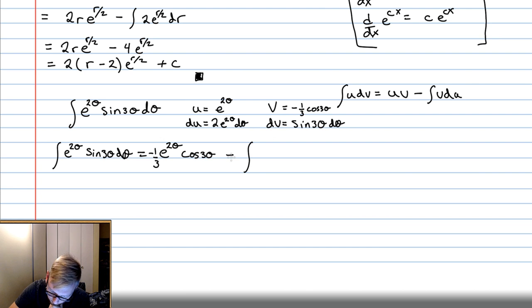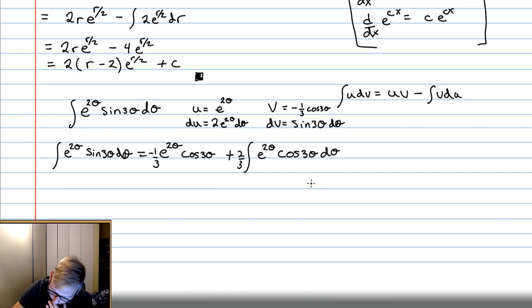We get a minus times a minus, so we're going to simplify it out right away. We've got cos 3 theta and du. We're going to have a 2/3. I'm going to write it out front because the constant can just come in front of the integral sign. We've got e to the 2 theta cos of 3 theta d theta. It doesn't look any better. We're going to have to do it again.